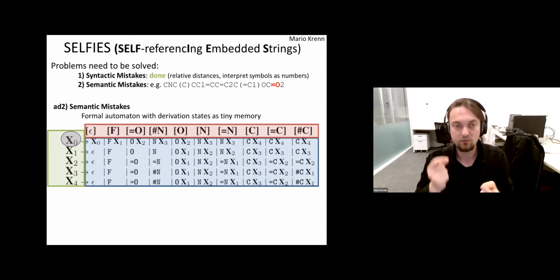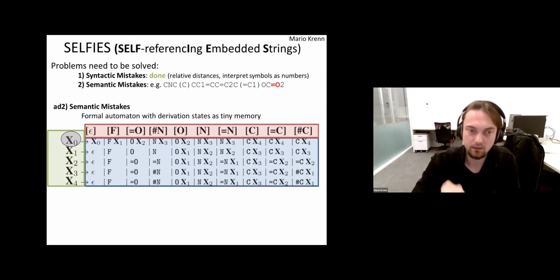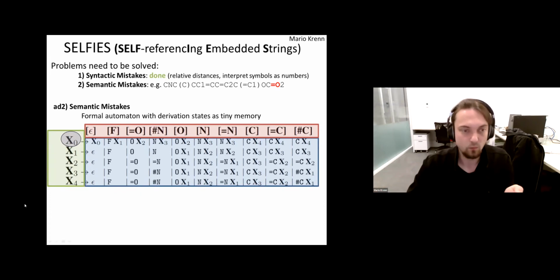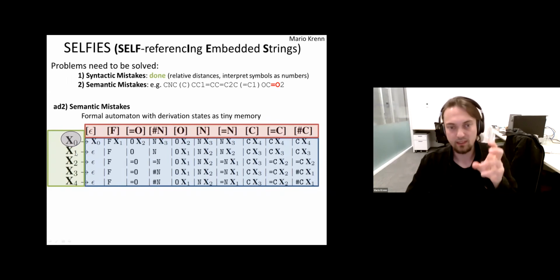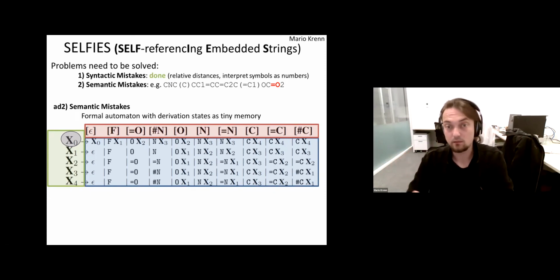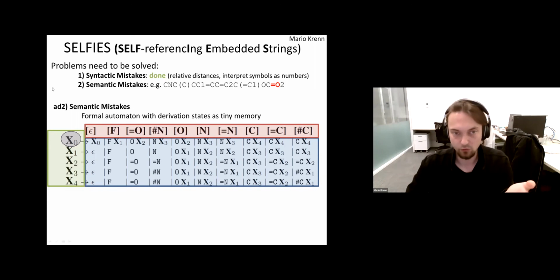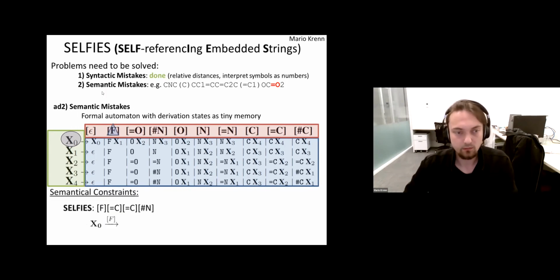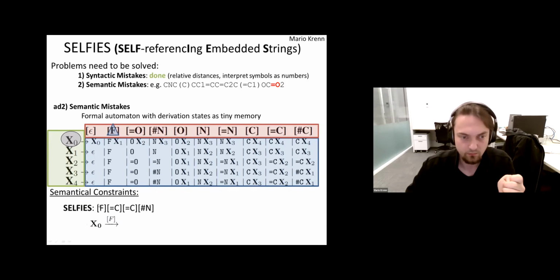That memory stands for the number of bonds that are still allowed to be created. For instance, this X1 says, okay, I can still create one bond. So the derivation of that symbol is state dependent, as it always is for formal automatons. And here, a very simple example, we always start in the X0 state.